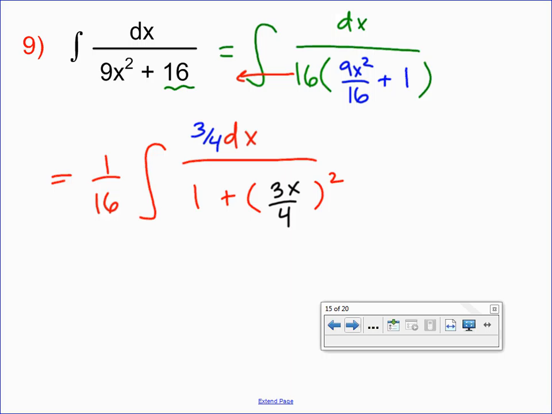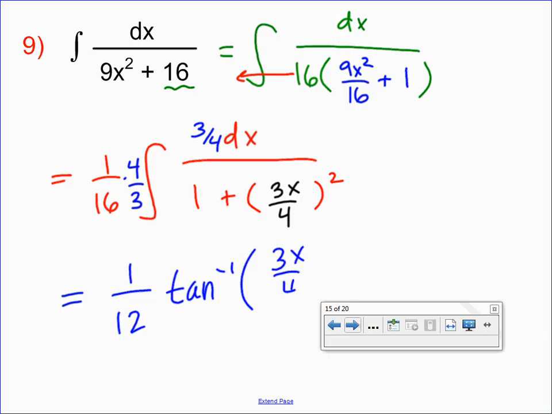But we didn't, so what do we have to do? We'll have to cancel out with the 4/3. There was already a 1/16 there, and so 4 over 16 is 1 over 4 times the 3 on the bottom is, I'm getting 1/12. Inverse tangent of 3x over 4, close input, plus c.